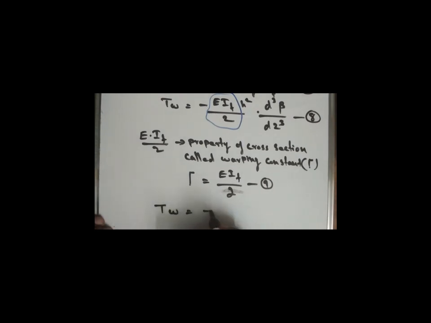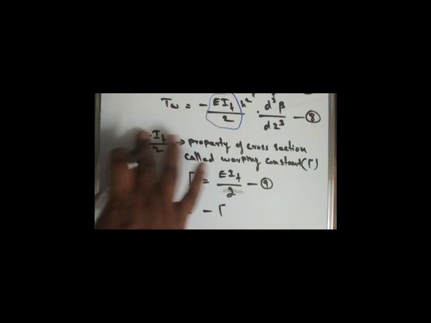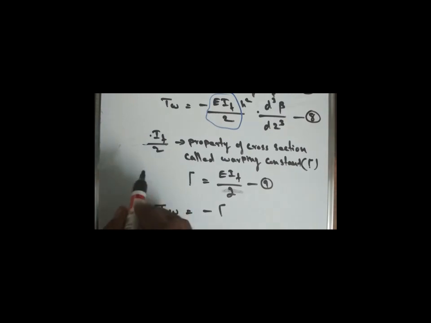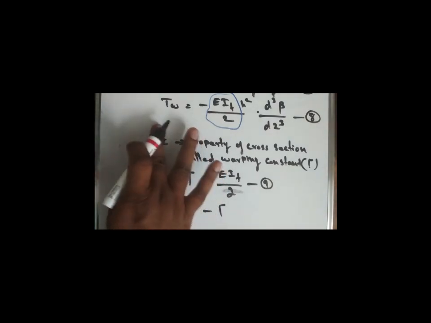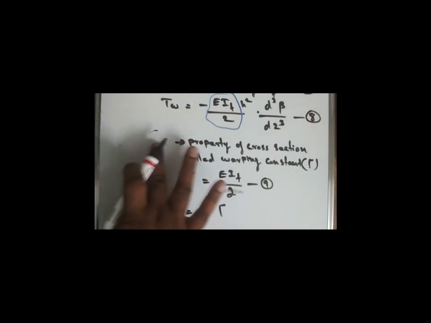I think some mistake is there. E is not the cross-sectional property, right? E is the mechanical property. The cross-sectional properties are IF and h squared by 2. E is the mechanical property.